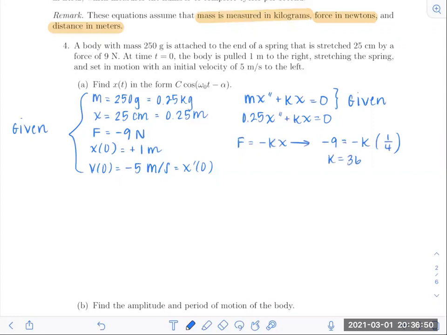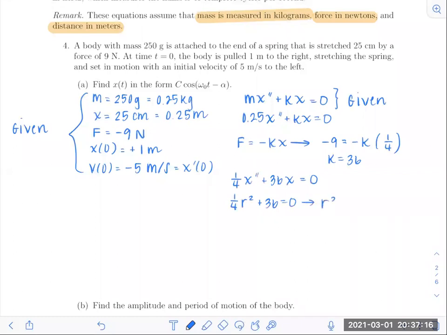So let's go ahead and plug that into our differential equation. We had 1/4 x double prime plus 36x equals 0. From here, we can set up our characteristic equation, 1/4 r squared plus 36 equals 0. Let me multiply through by 4.